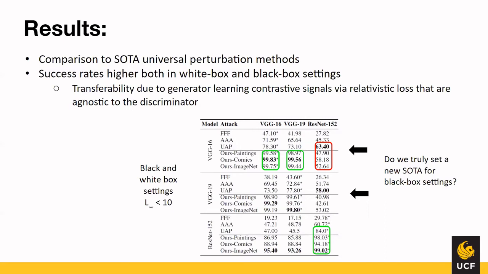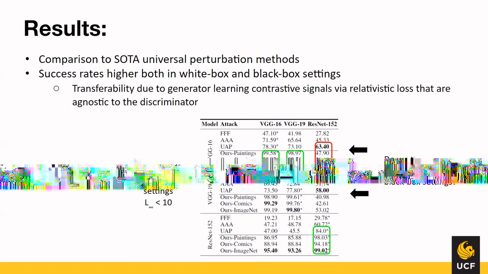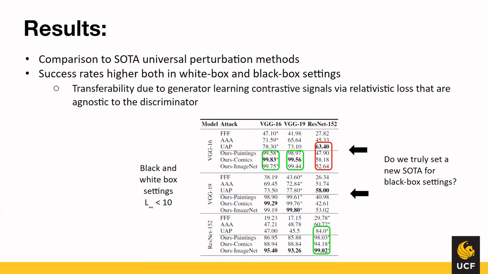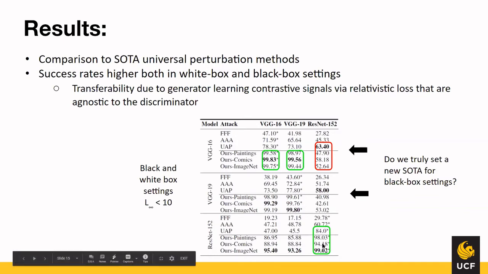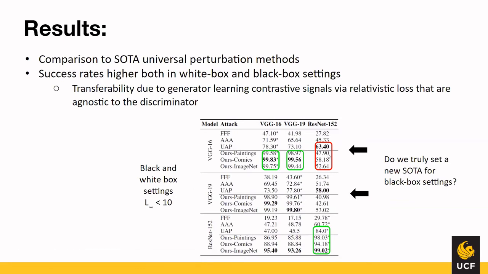Because the only time this generative attack actually outperforms other state-of-the-art universal perturbation methods is in white box scenarios. So these experiments here, these experiments, and these experiments are white box, and the generative attack outperforms the other state-of-the-arts. But in these more difficult black box scenarios, we're not setting a new state-of-the-art. And the authors don't touch on this at all.